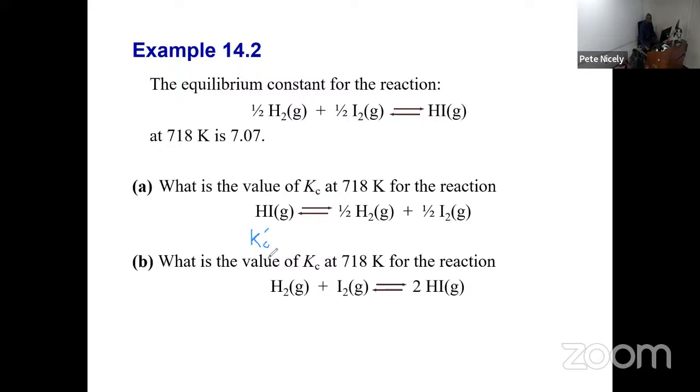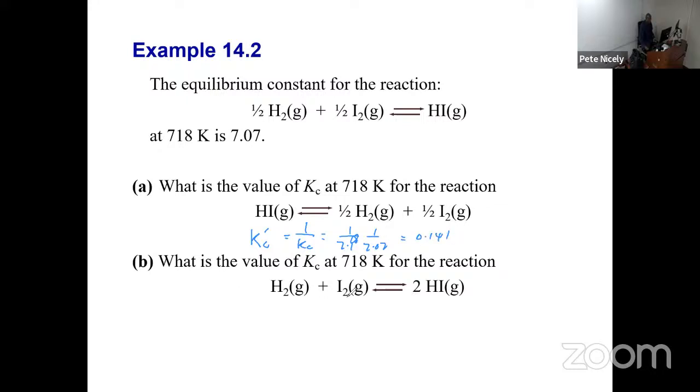I'm going to call this Kc prime. What would that be equal to? Exactly, 1 over the original Kc, which is 1 over 7.07, which is equal to 0.141.